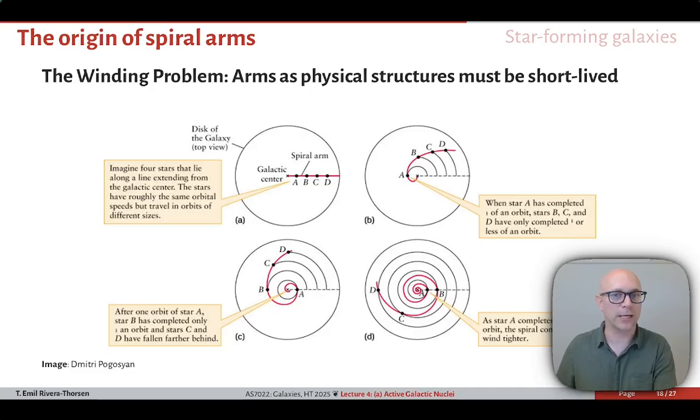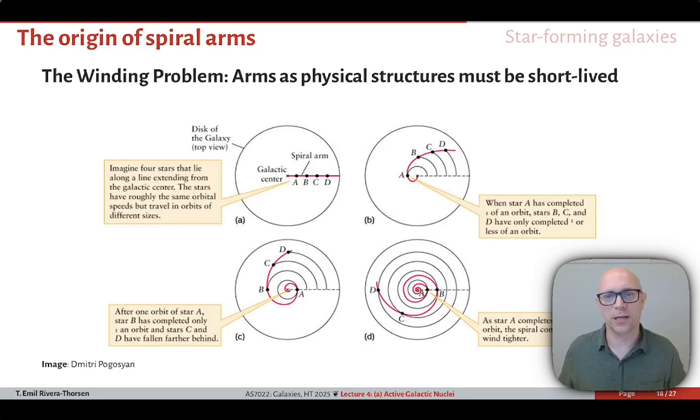It's quite clear that as this goes on, you get a tighter and tighter winding, and it wouldn't take very long before this structure of stars would be completely erased, because these stars are, of course, not tied together by a line. They just happen to be aligned from the start.